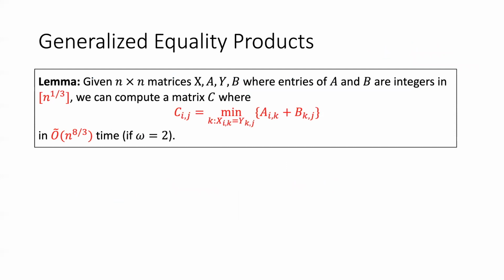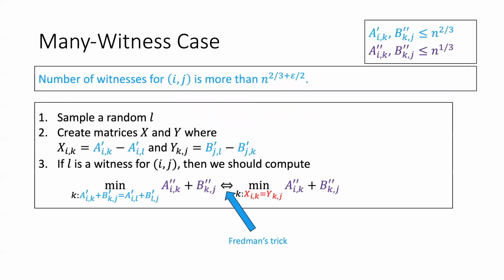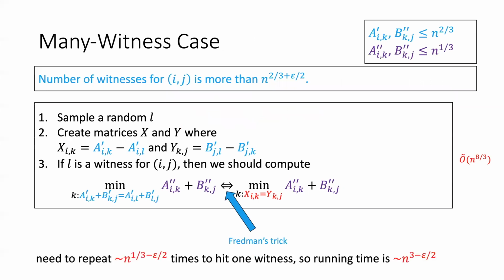We call this problem the generalized equality product, and when the entries of the two matrices are integers bounded by n to the 1/3, we have an algorithm that can compute it in roughly n to the 8/3 time if omega is 2. And we will omit the proof of this lemma in this talk. So now each iteration will take roughly n to the 8/3 time.